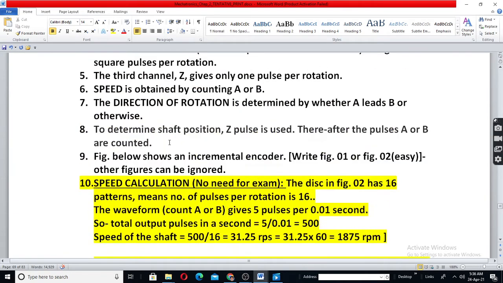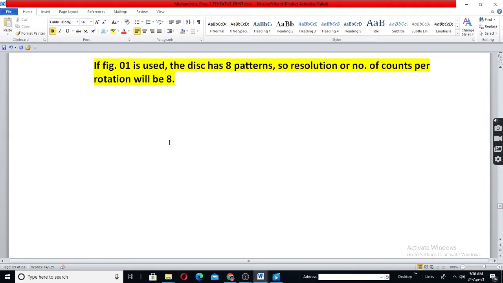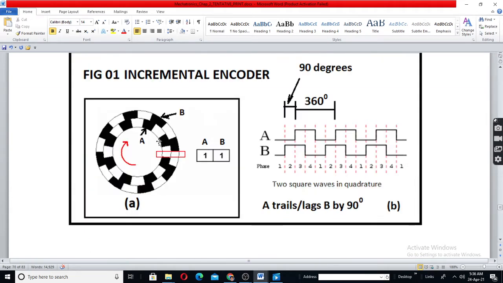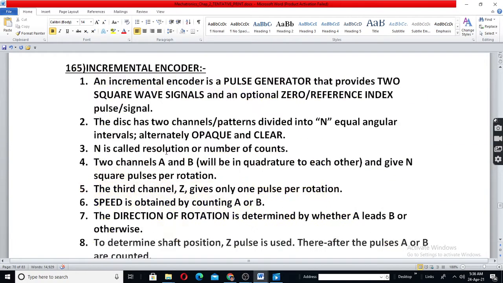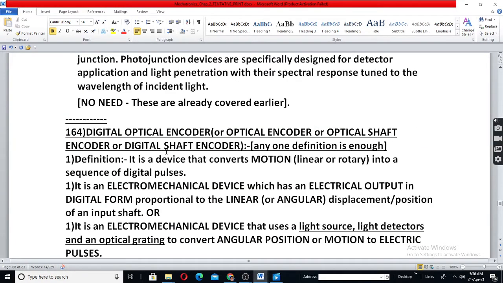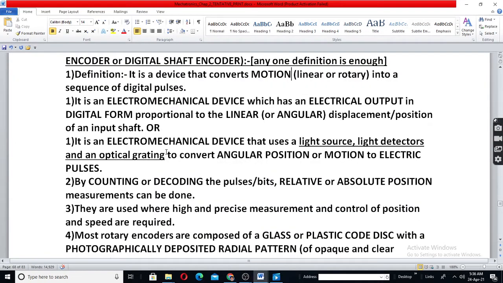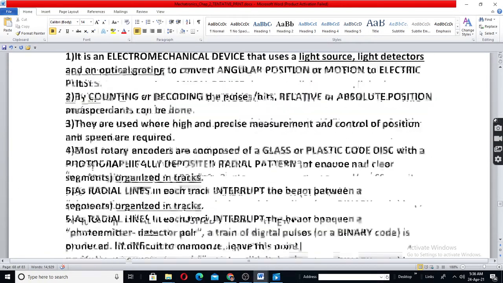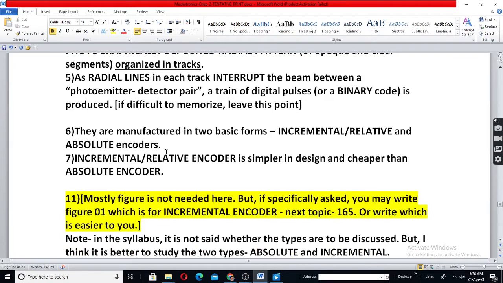Now this is called as incremental encoder. Okay, because incremental means with respect to one position. Okay, see here, you have here absolute and relative. See, there are two basic forms.